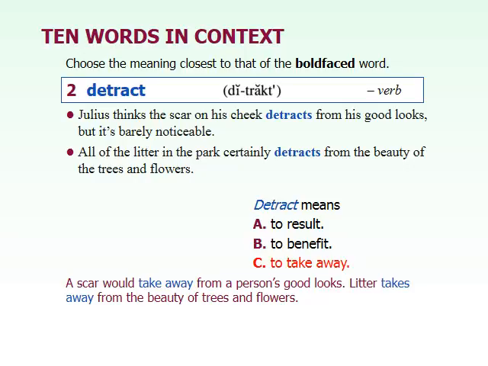Garbage in the park makes the park less beautiful. Specifically, the trees and the flowers are beautiful, but it makes them seem less beautiful because of all the garbage that's there. So detract from means to reduce the value of something.